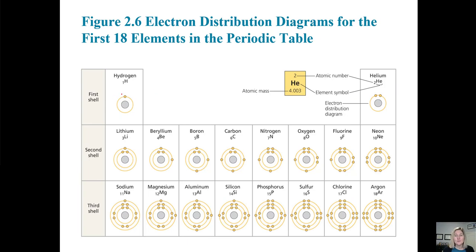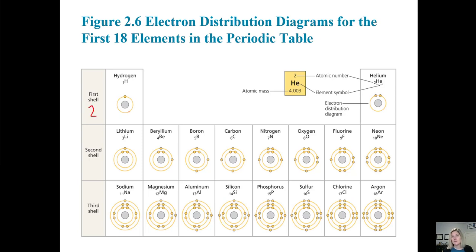So what it's doing is it's hanging in the lowest energy shell, which is the first shell. There's not enough energy to bump it into the next shell. Helium has 2 electrons total, and it's going to fill out its lowest energy shell first. So the first shell always has a maximum of 2 electrons in it.